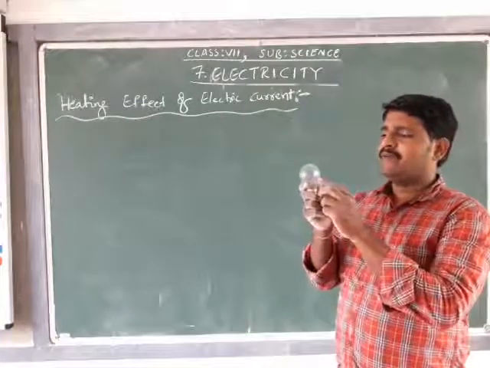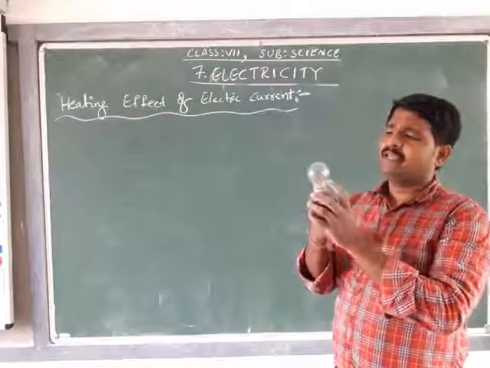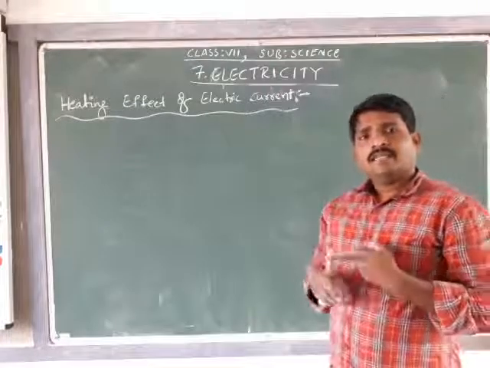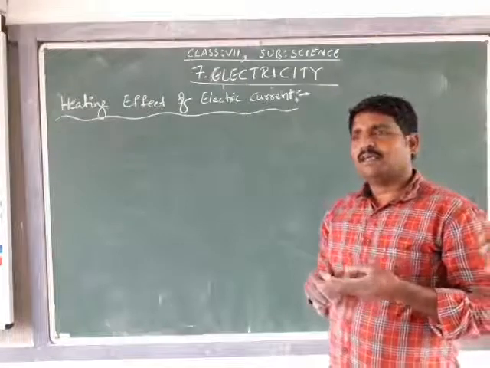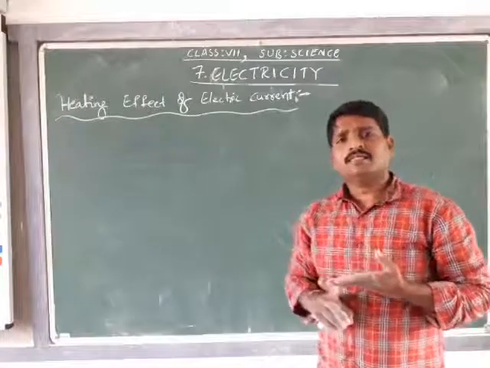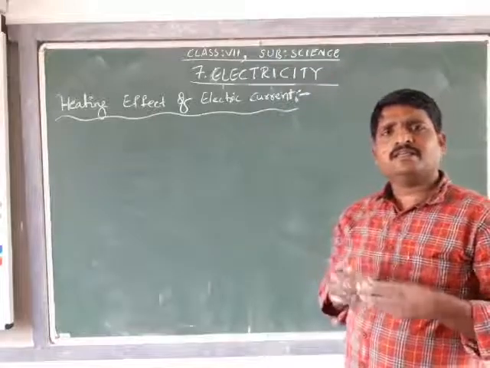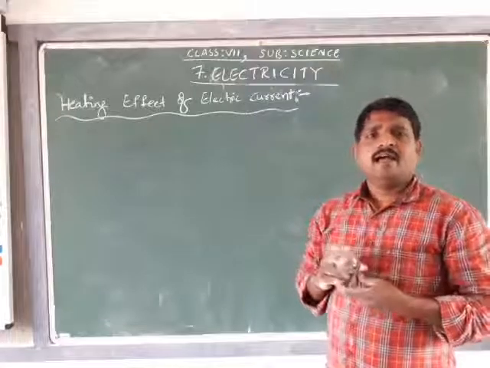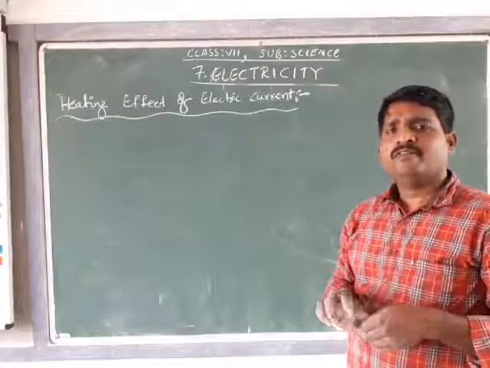In the bulb, the filament is made of tungsten, but in the heater, water heater, geyser, iron box, and cooker, the filament is made of a special material, nichrome.